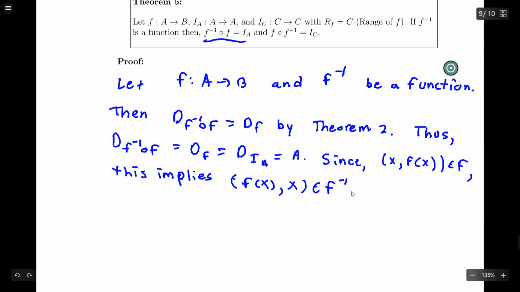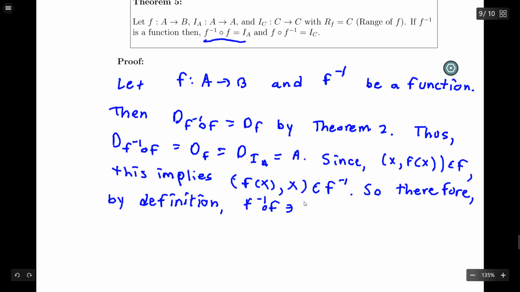So therefore, by definition, the composition f inverse compose f would have x in the function.